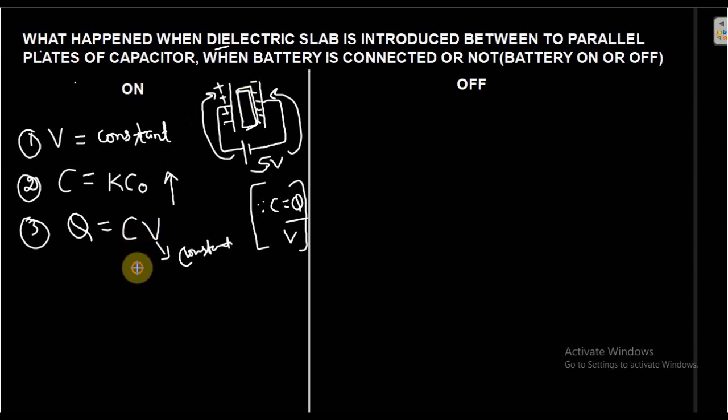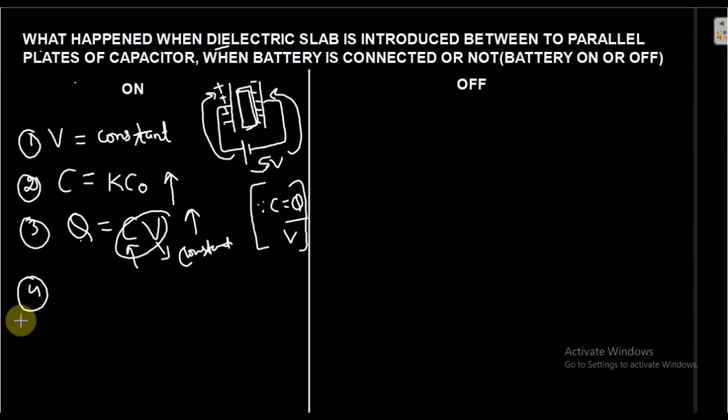And C is going to increase. So what will happen to charge? C is going to increase, V is constant, so overall Q will increase. When capacitance is increasing and potential is constant, the overall charge gets increased.